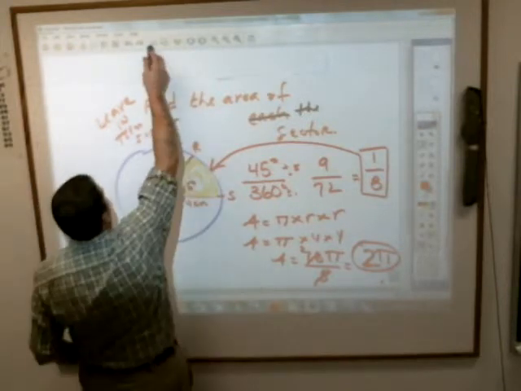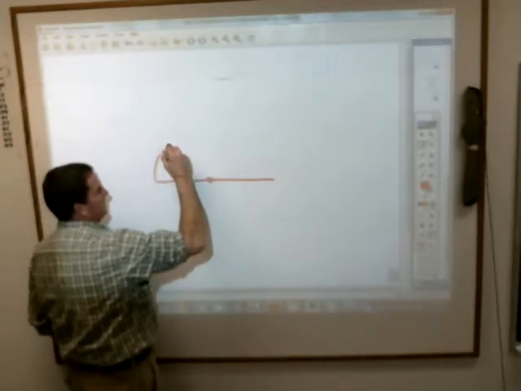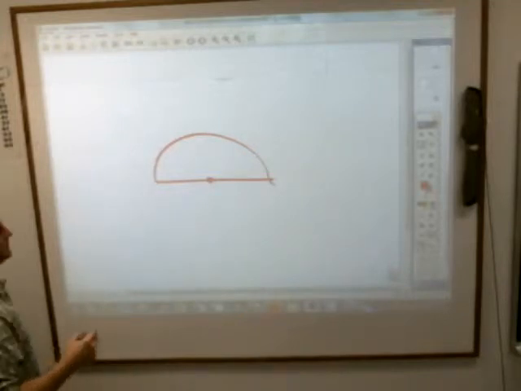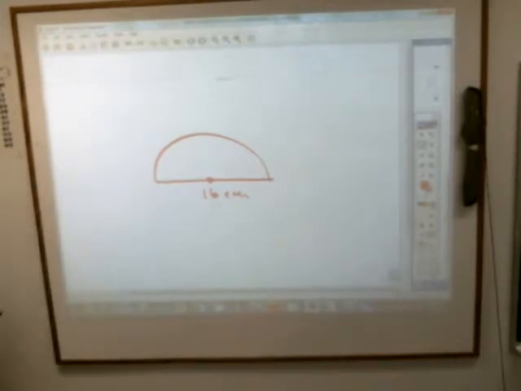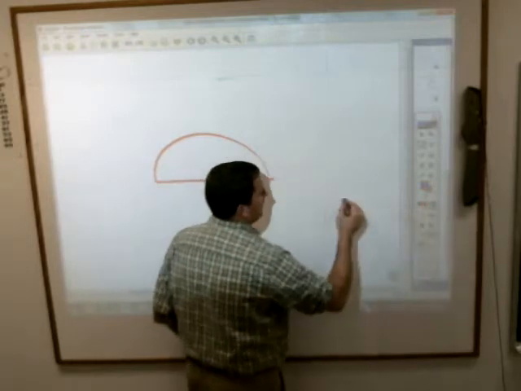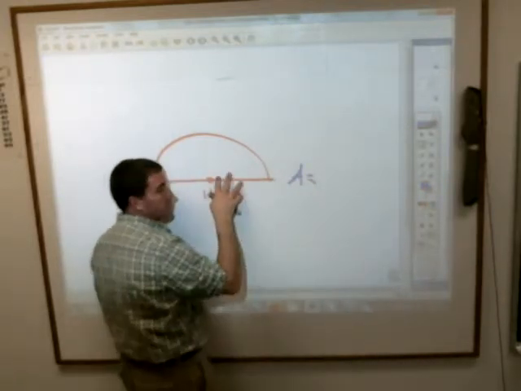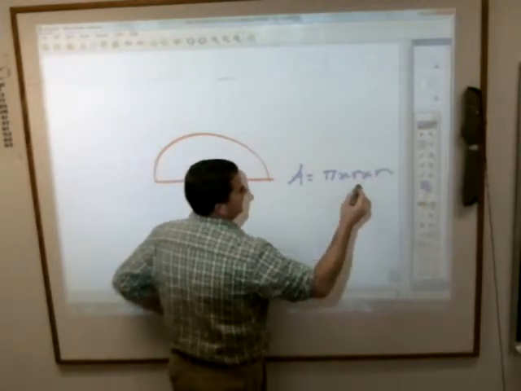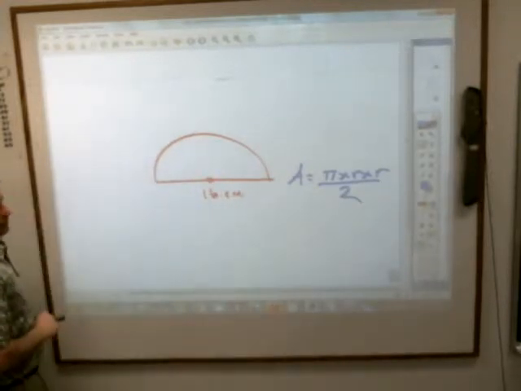Now, here's the second one. What if I asked you to find the area of this sector? Oh, look at that. And it is 16 centimeters. How do you suppose you're going to find the area of that, Holly? You divide the area of the circle by 2. Exactly, because that's half of a circle, obviously. So it's going to be pi times radius squared, all divided by 2, because it's only half of a circle.